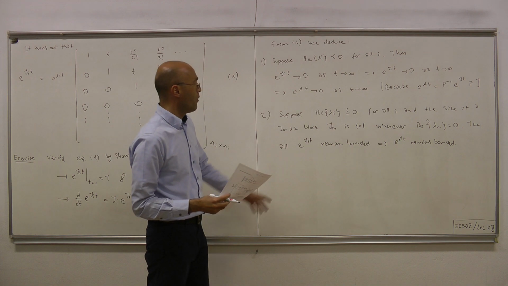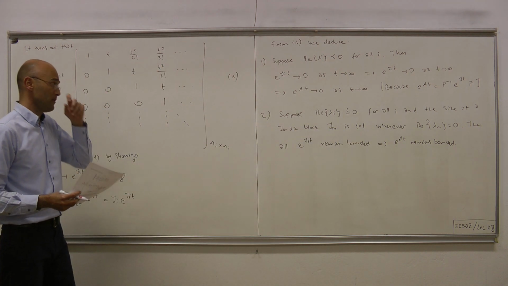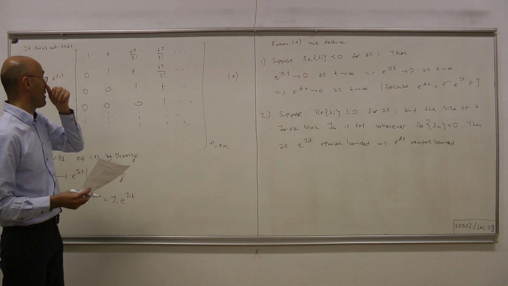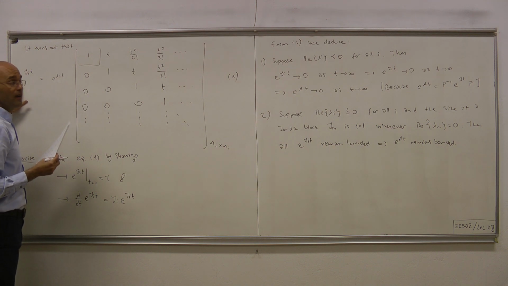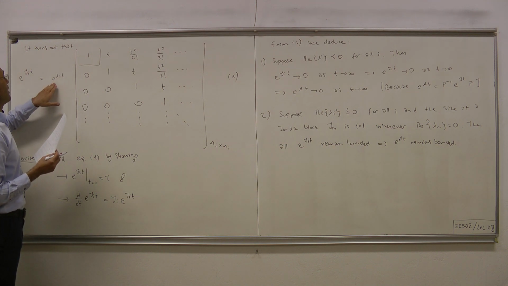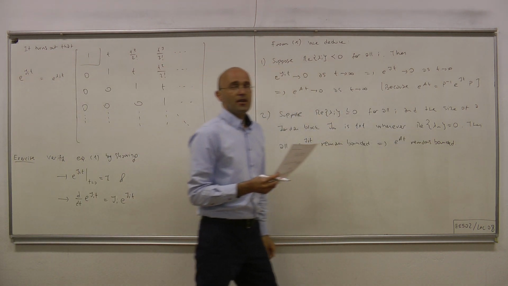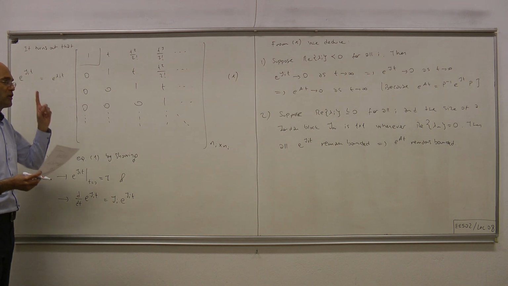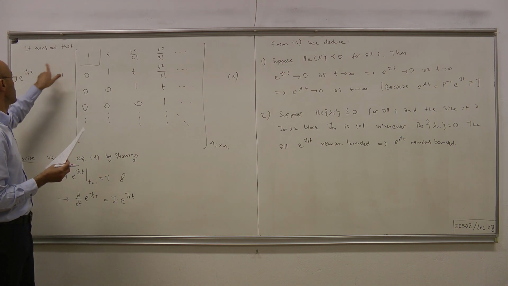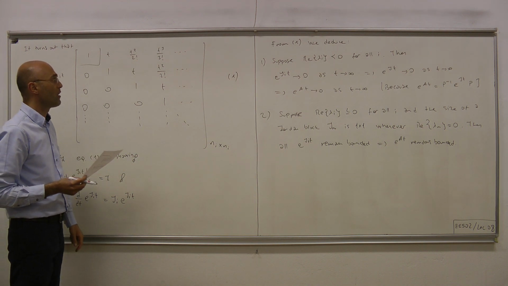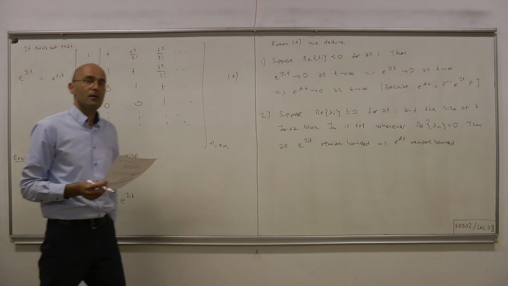Now, why is this 1 by 1 size condition important? It's important because if the size is 1 by 1, then we only have this thing. The block is just a scalar, and each e to the lambda_i t is just oscillating with unity magnitude. Because if lambda_i is purely imaginary, then the magnitude of e to the lambda_i t is always 1. Therefore, what we have is a bounded block.